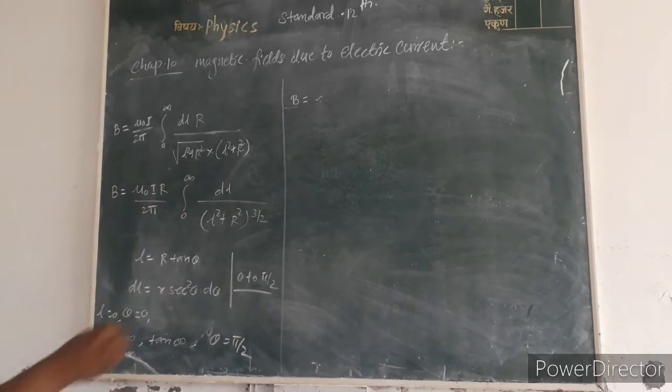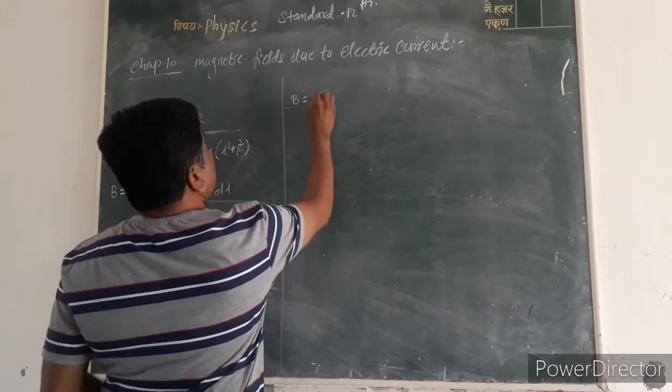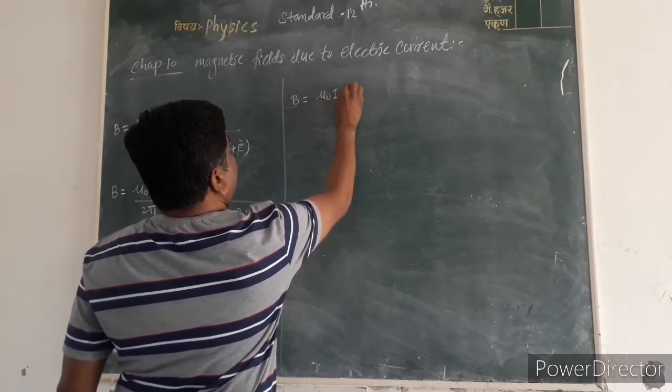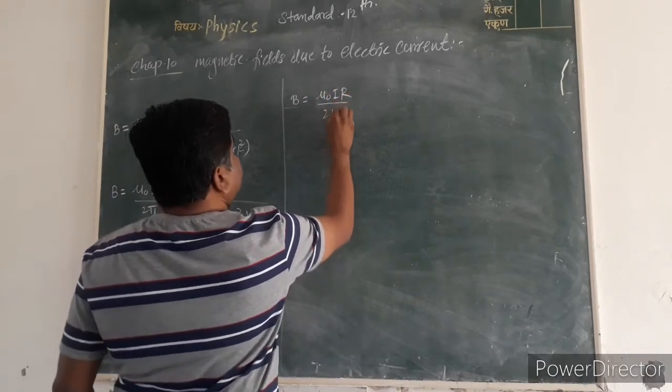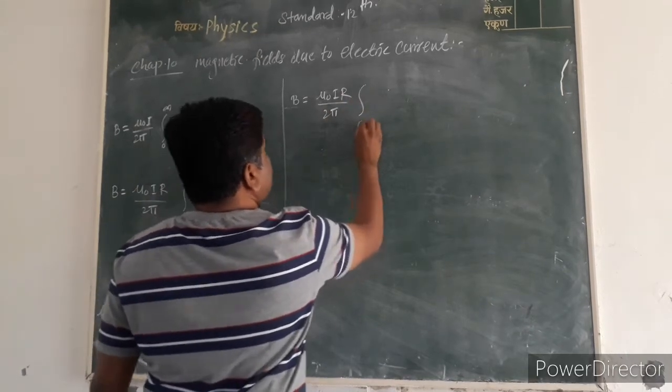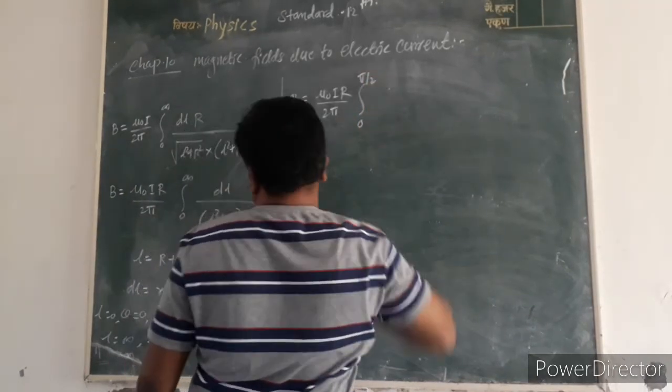Therefore, B is equal to mu 0 I r upon 2 pi, as it is. Integration changes 0 to pi by 2.